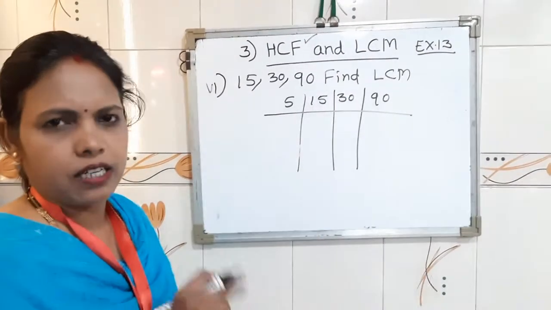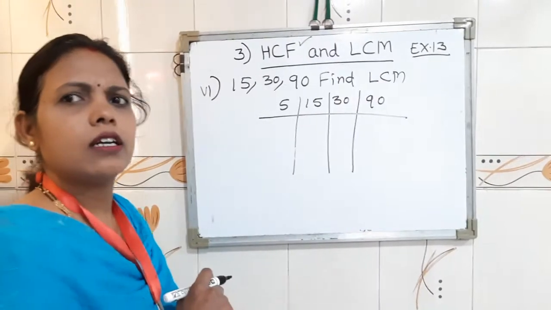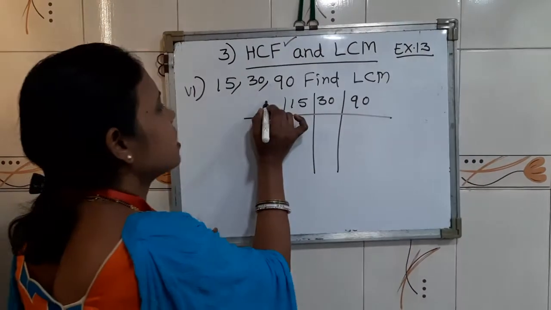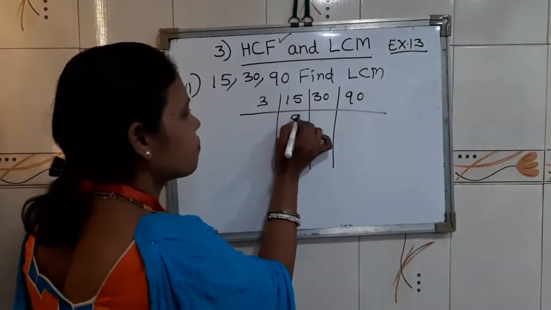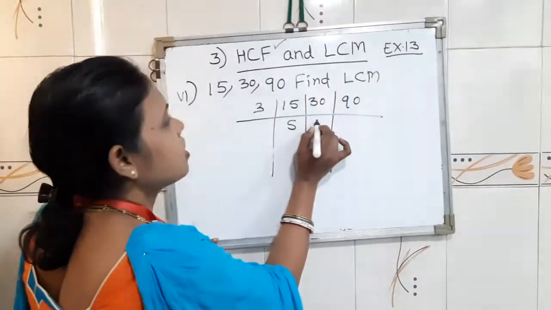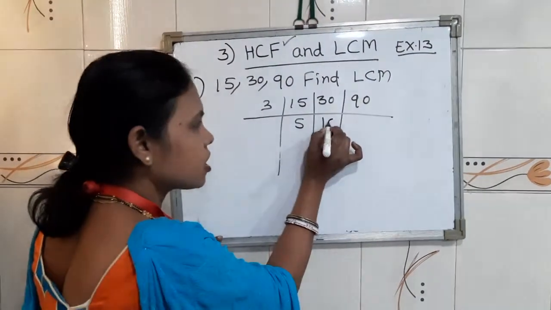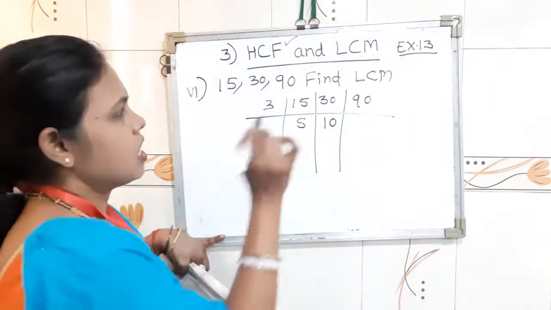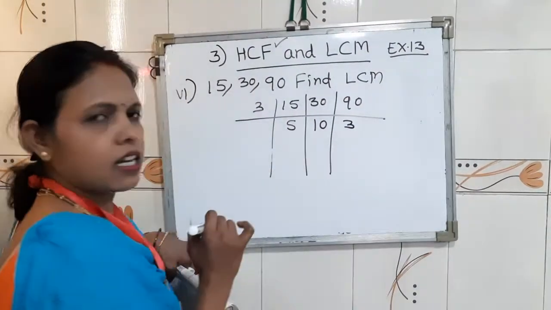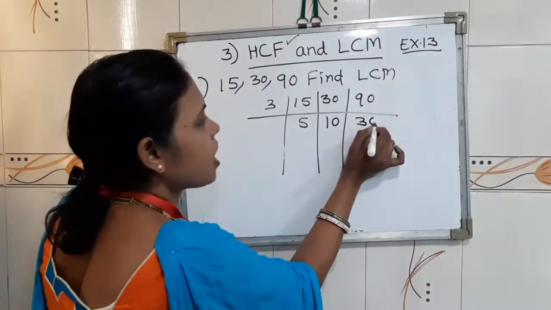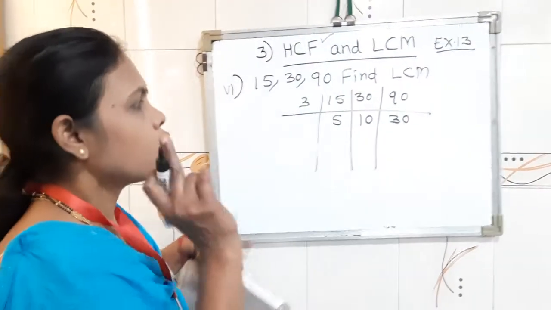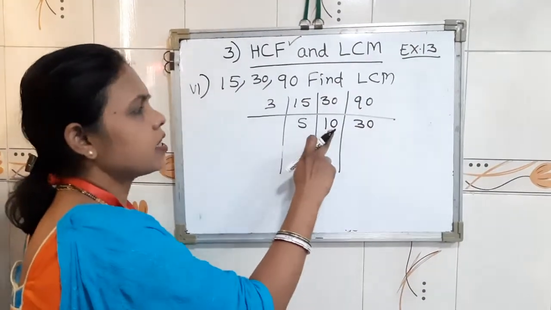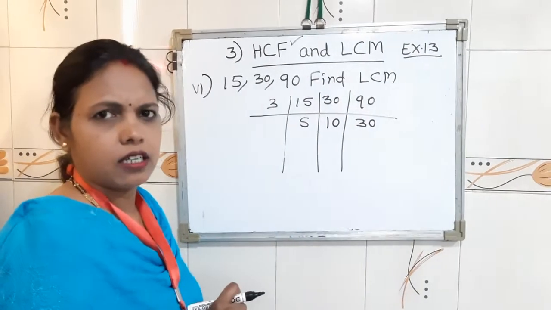For example, 3. If we take 3, 3 5s are 15, 3 1s are 3, 3 0s are 0. Next, 3 3s are 9, 3 0s are 0. Your numbers are 5, 10 and 30.